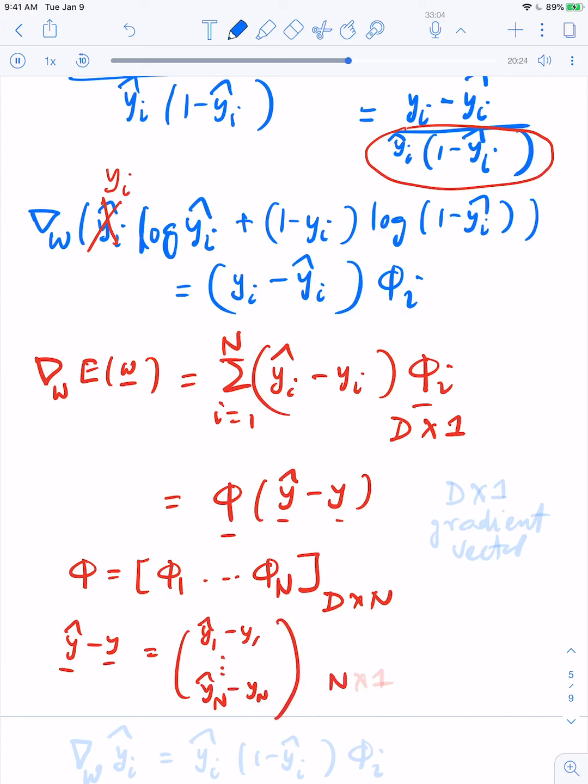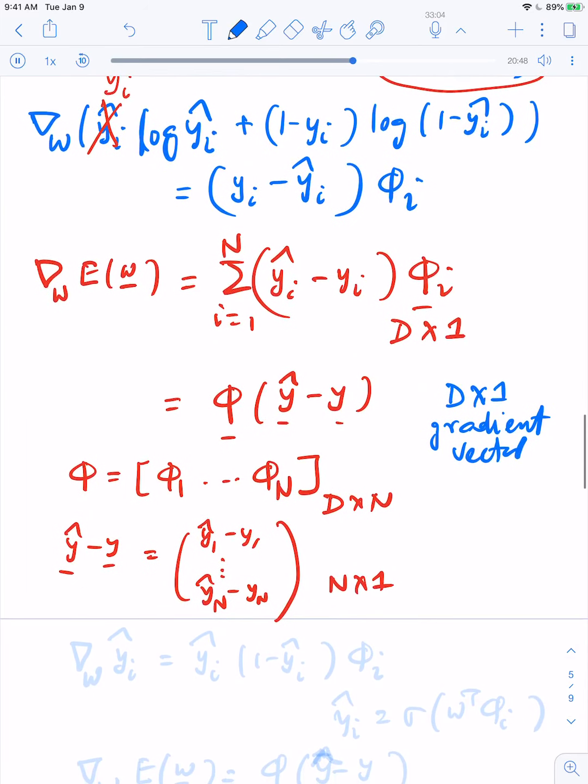This is an n cross 1 matrix. So this is what you would expect it to be. This guy, I'm going to change it back to emphasize, is a d cross 1 gradient vector, right?